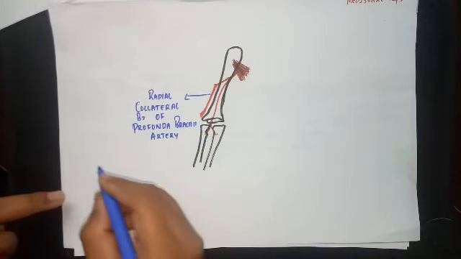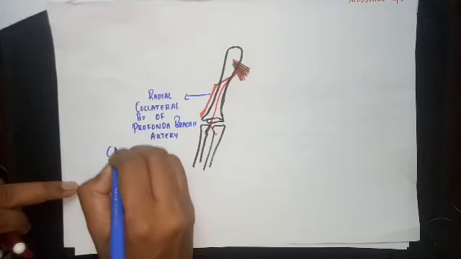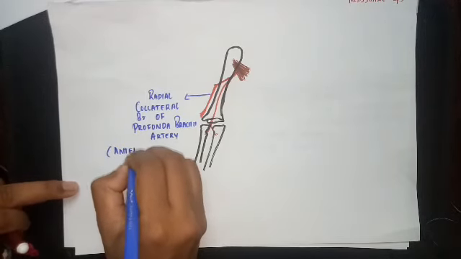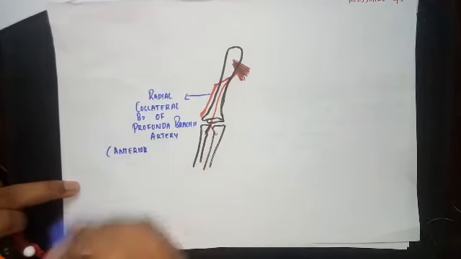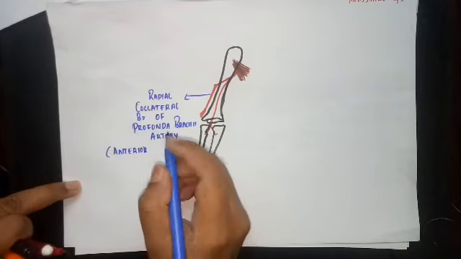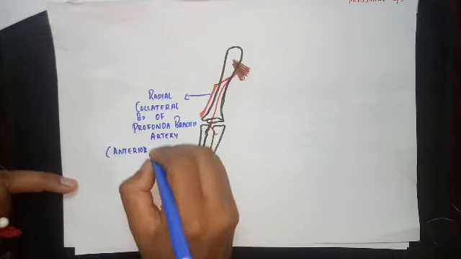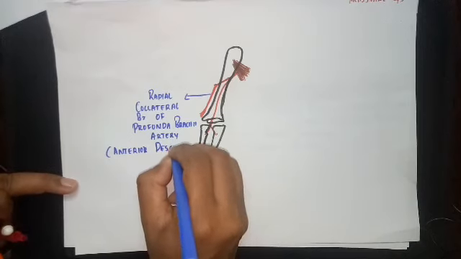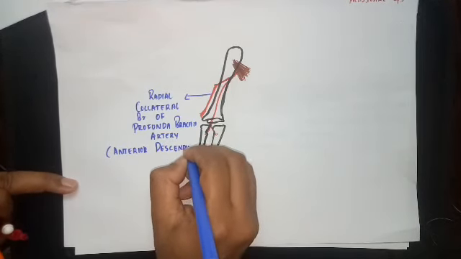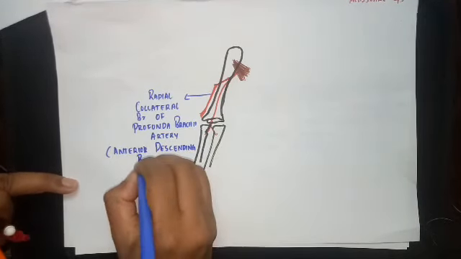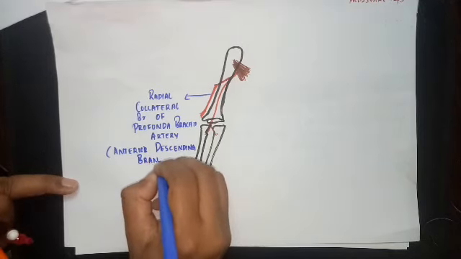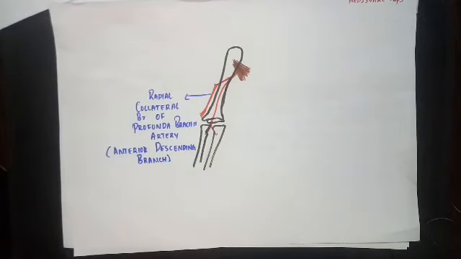That is also known as the anterior descending branch because it passes anteriorly. And this takes part in anastomosis around the elbow joint, about which we will discuss in further videos.